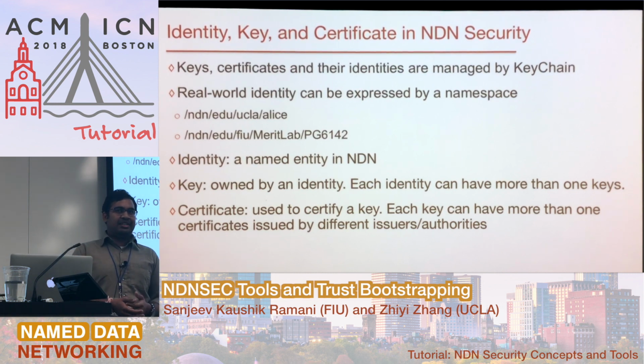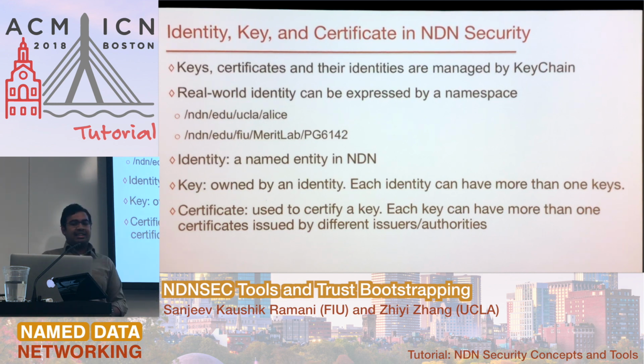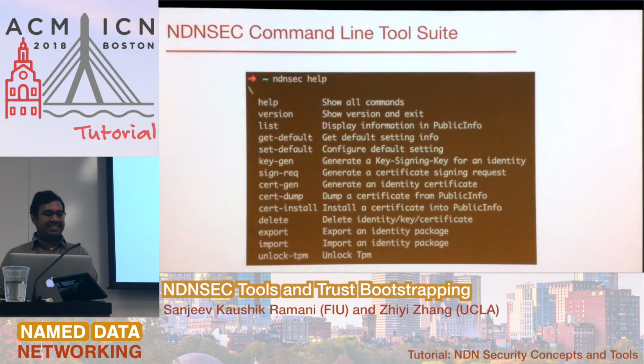You've heard a lot about certificates from morning. Some real-world identities are as shown in the second bullet. It could be highly flexible, like NDN, EDU, UCLA, and you can have various granularities as depicted and presented earlier by most of them.